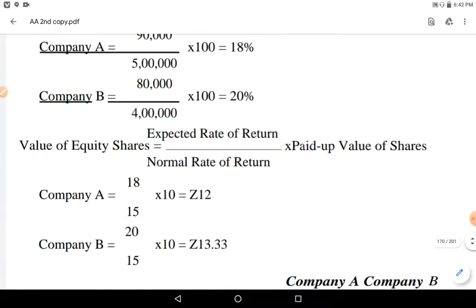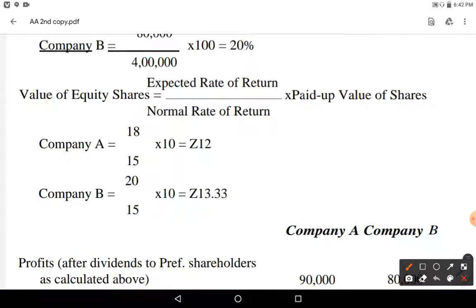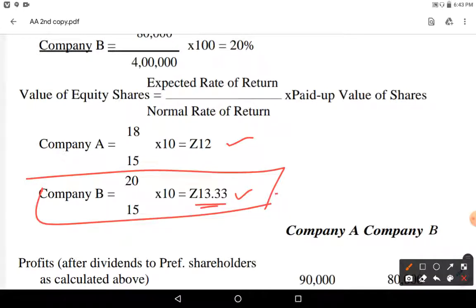Whereas on the basis of rate of earnings, from the company's earnings point of view, not the dividend point of view, company A is earning 12 and company B is earning 13. So here also, which company do you prefer? Company B is performing better than company A. Why?